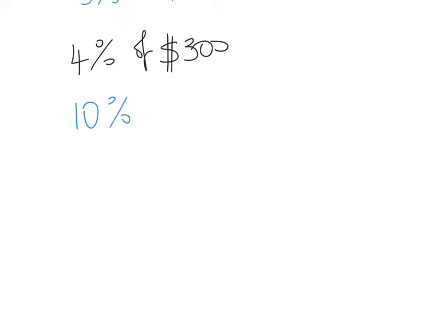Now we can find 10% by dividing by 10, which would give us 30. Now if I know 10%, I can find 1%, and that's just by dividing that answer by 10 again, which gives me 3. Now if I know what 1% is, the way I find 4% is to multiply this whole value by 4, because 1 times 4 is 4.